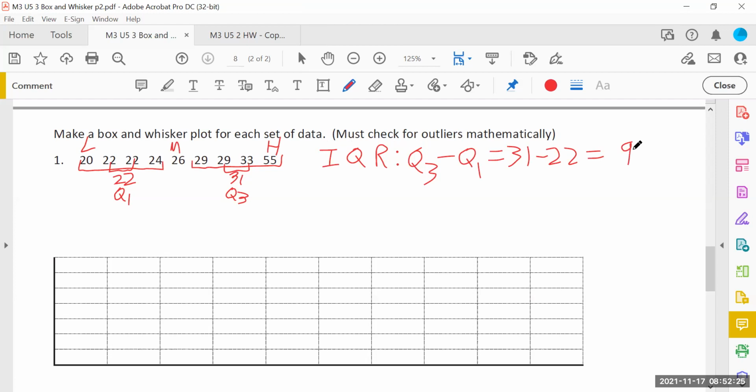That's the width of my box. That's how wide my box is going to be. Now I need to multiply that by 1.5. Always times 1.5. 9 times 1.5 is 13.5.